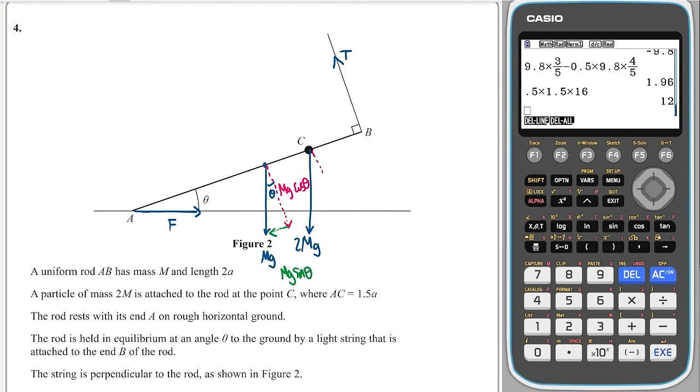And again, I'm going to do this one here, dotted down that way. This is going to be 2mg cos theta by the same logic. And this one going across is going to be 2mg sine theta, because that is theta in there. I'm also going to do some components for the t as well.